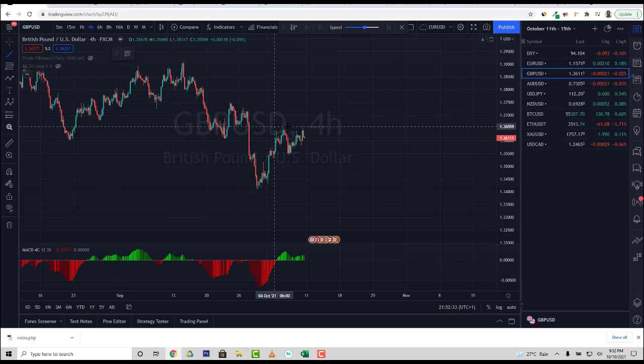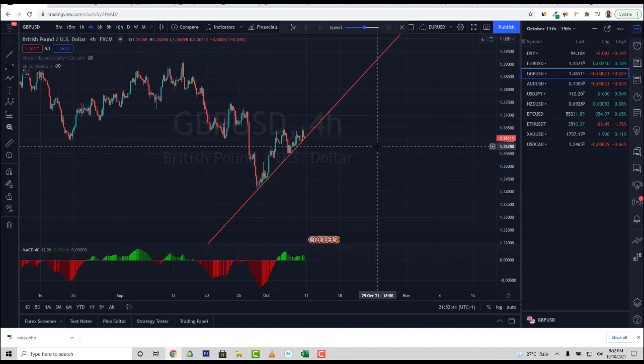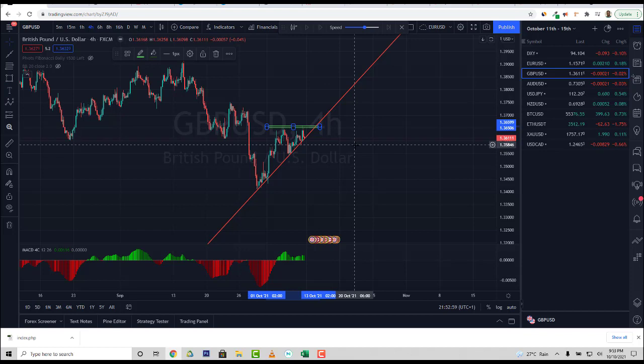This move has taken up like this. Okay. Now, do you see what we're seeing here? Check this out. Check out this zone. All right. So this is going to be the decision zone for me.